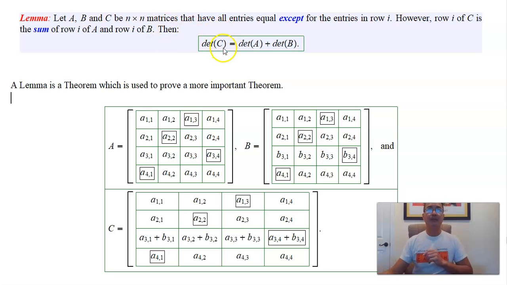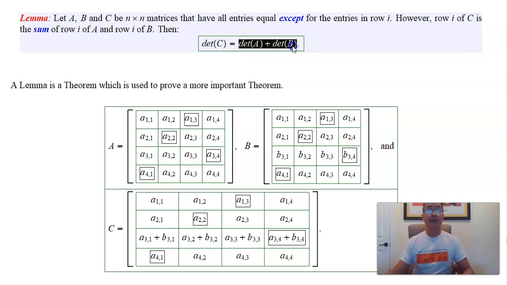The determinant of C will be the sum of the determinant of A and the determinant of B. And read that very carefully. This is not saying that the determinant of C is the determinant of A plus B. No. It's the determinant of A plus the determinant of B. Okay?